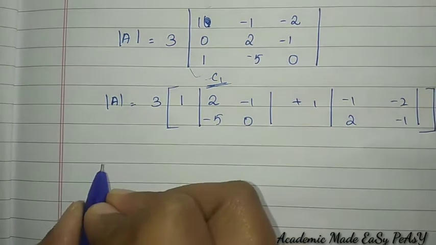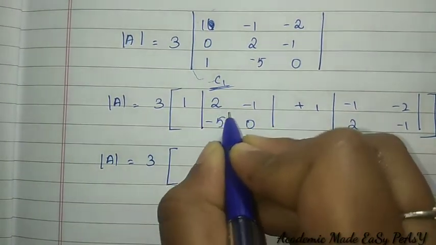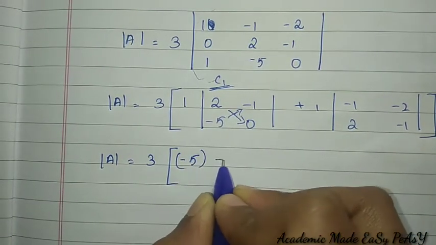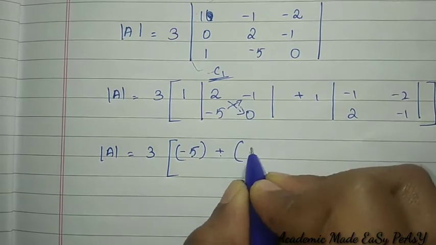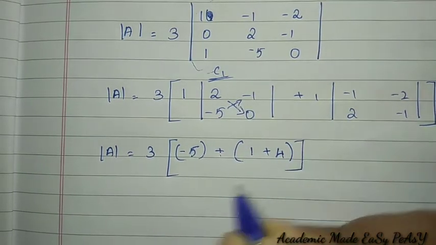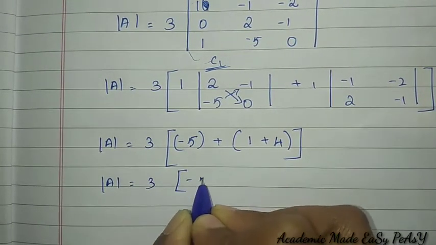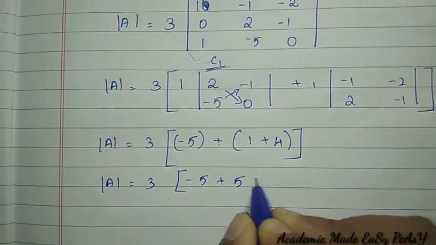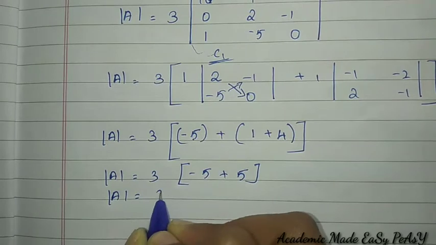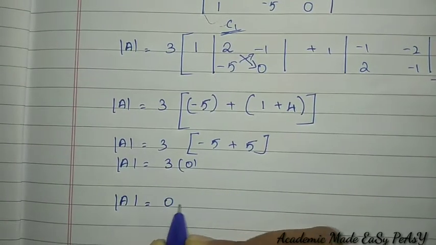Now determinant A is equal to 3 into, I will be using the x method, so it is minus 5 over here plus 1 plus 4. So determinant A is equal to 3 into minus 5 plus 5. So determinant A is equal to 3 into 0. So determinant A is equal to 0.